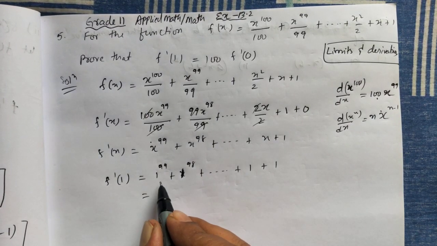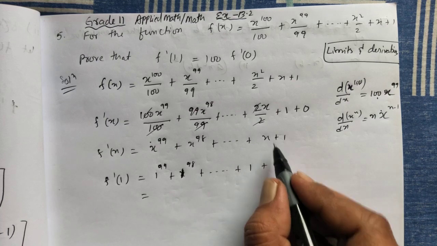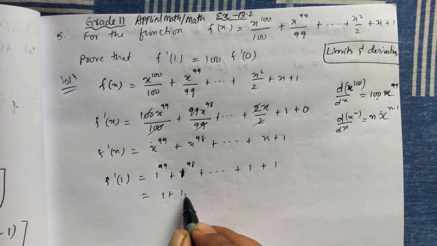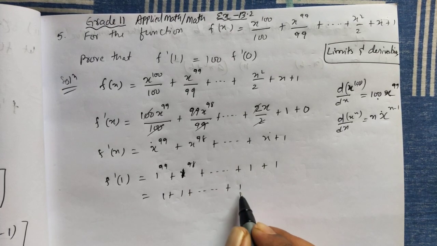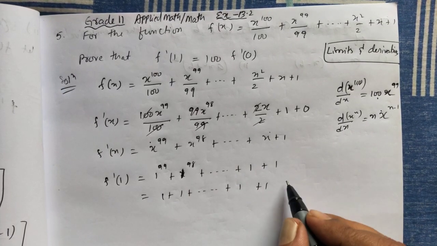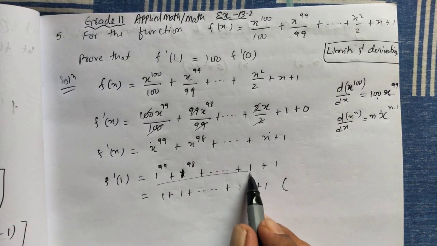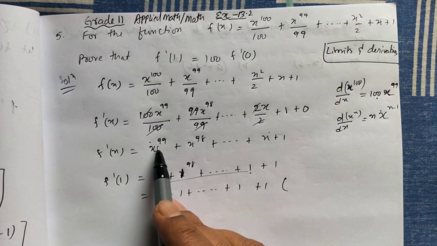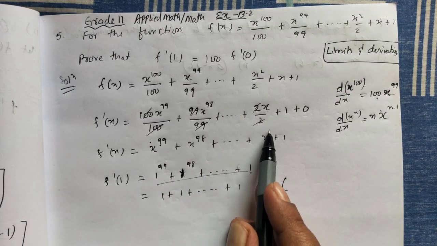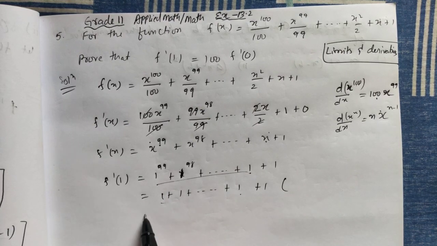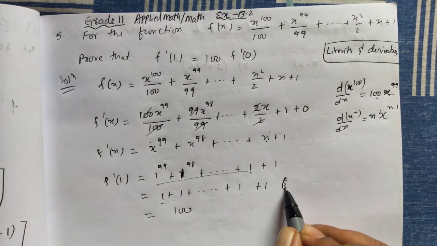Every term is 1, so it will be 1 plus 1 plus and so on, 100 times, because the powers go from 1 to 99, which is 99 terms, plus 1 more, so it will be 100.